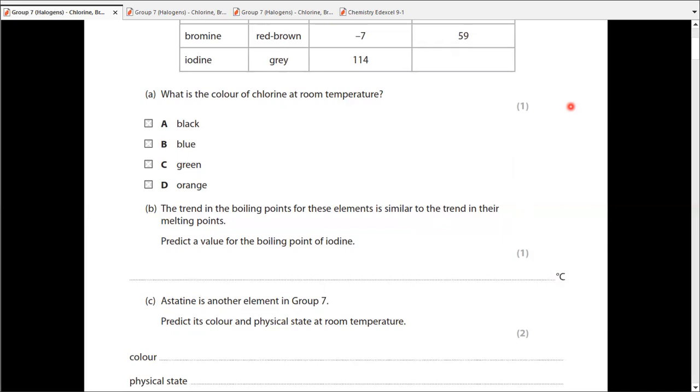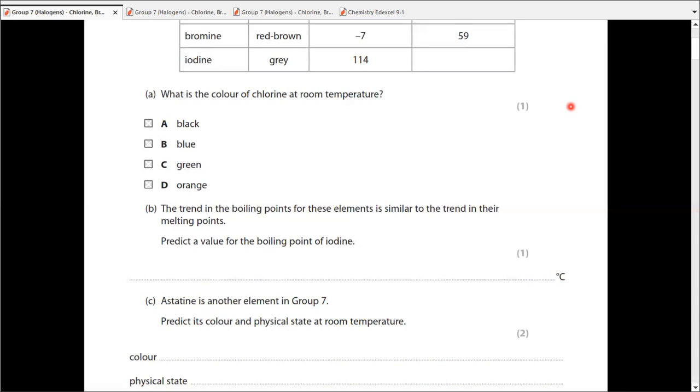Predicting the properties of astatine is the last part of this chapter, and we predicted almost everything about astatine, be it the melting or boiling points, the physical state, the color, how it would behave in terms of reactivity, whether displacement reactions would be possible or not, everything.